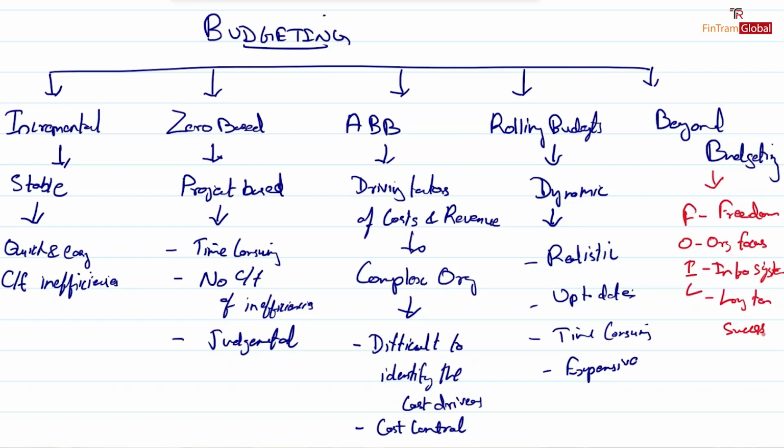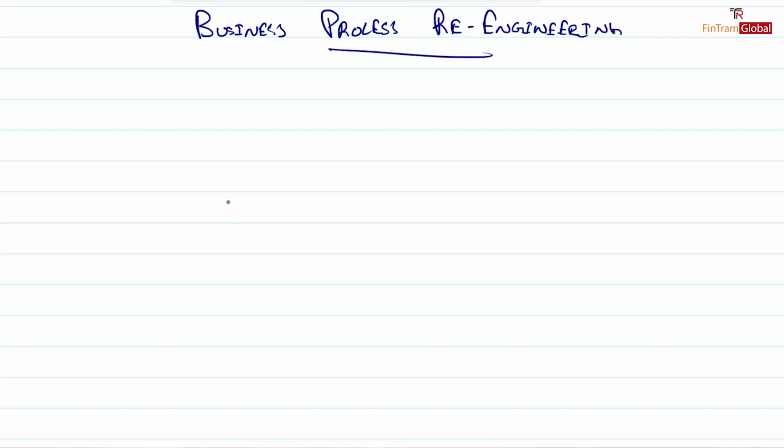Now moving on to another topic. There are two more terms which you have to remember, and they are kind of important as well. We have business process re-engineering, and another term is business integration.